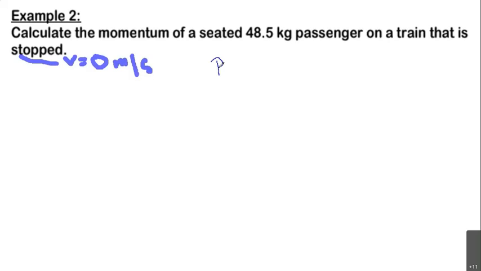Let's pull out our formula. Momentum is mass times velocity. The mass is 48.5 kilograms. That's not changing. Matter cannot be created or destroyed. But momentum is mass in motion.